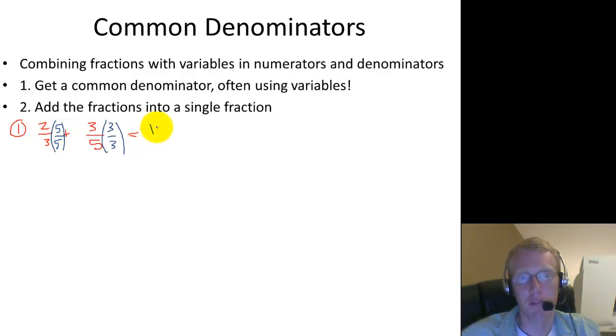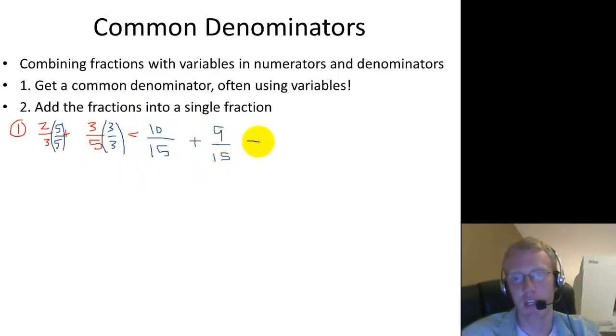So 2 times 5 is 10/15, plus 3 times 3 is 9/15. So 2/3 is exactly equivalent to 10/15, and 3/5 is exactly equivalent to 9/15. I couldn't have combined them when they were represented with different denominators, but now that they're both in terms of 15ths, I can add 10 plus 9 and get 19/15.